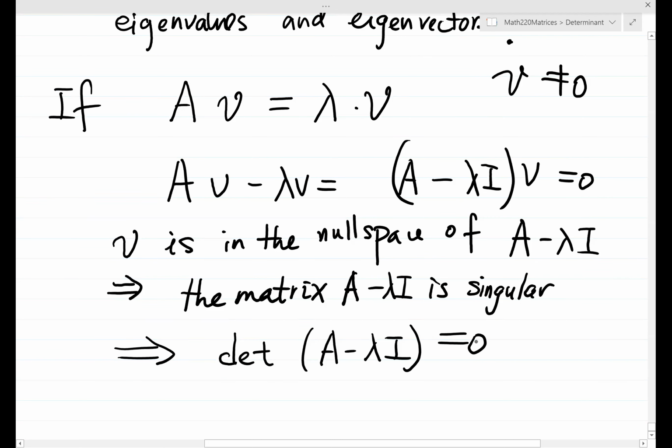Now, you can go backwards. If the determinant is zero, then we have a singular matrix. For a singular matrix, we have a null space, and we can get a non-trivial vector in the null space. Then we get an eigenvector. So this actually is an equivalence.